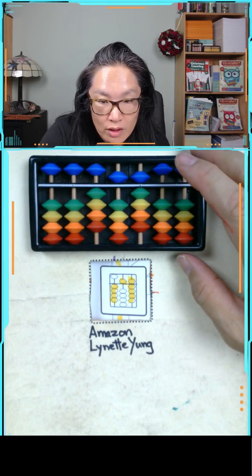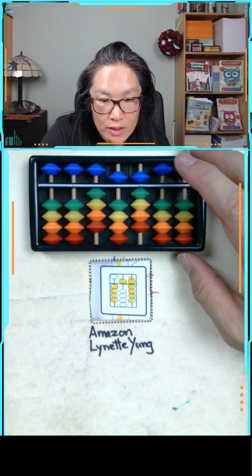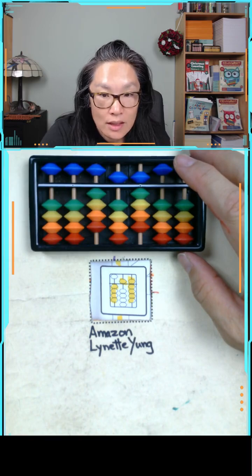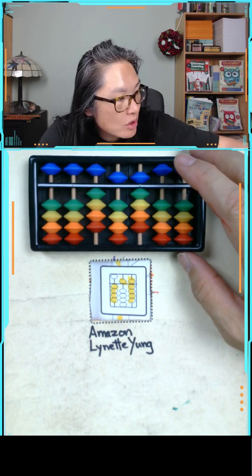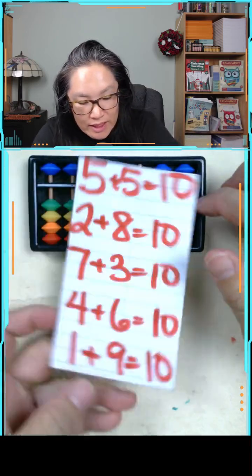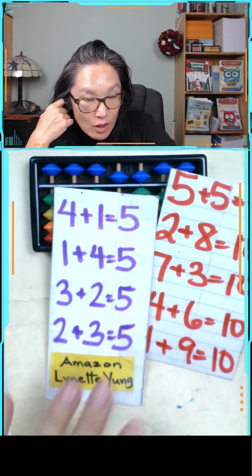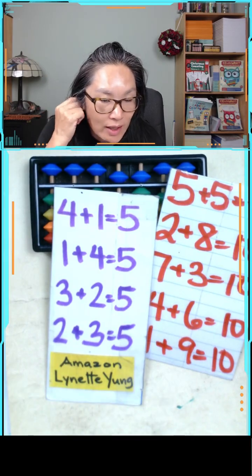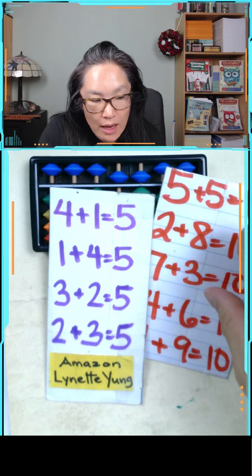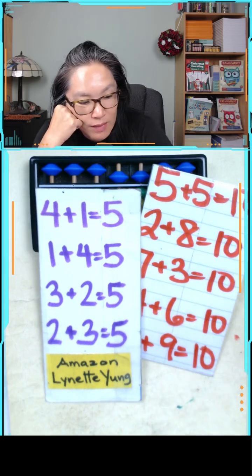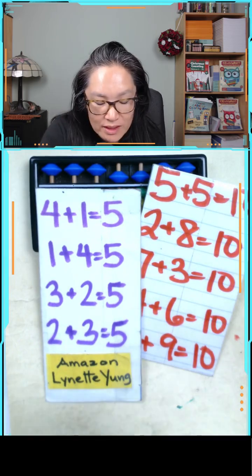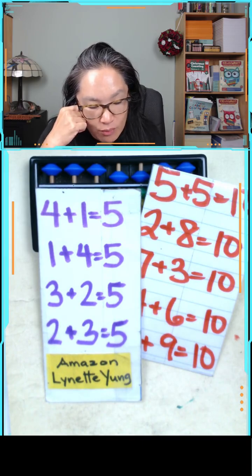So formulas are the basis of all math. Yes, it is. But there are specific types. In the abacus world, we need to understand how to make a 10, and we need to understand how to make a 5. Once you understand that, then you can add and subtract everything. It doesn't matter. And that's how it's different from mainstream math, because mainstream math gives you many, many more strategies.